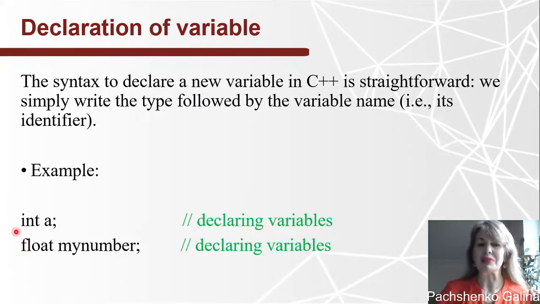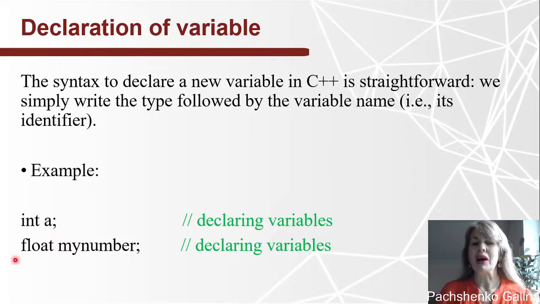Like here in this example, we write type int and variable name a. And in this line, type is float and the name of the variable is my name. So this line and this line are declarations of variables.